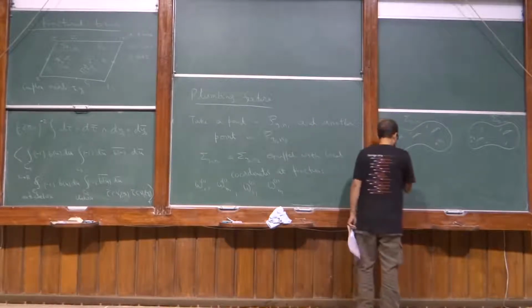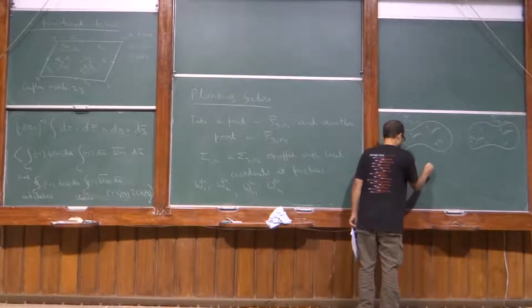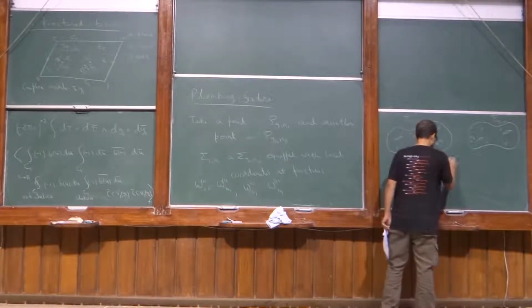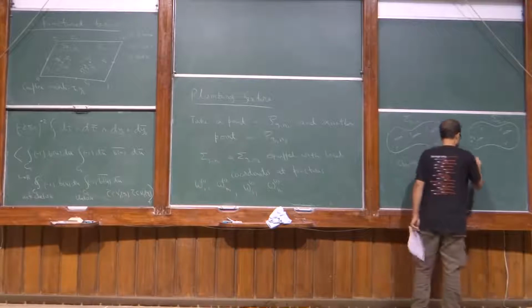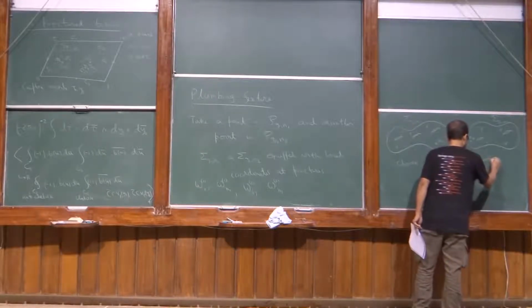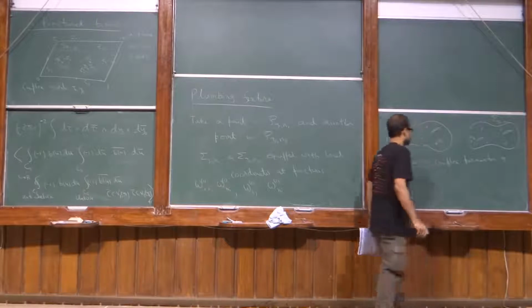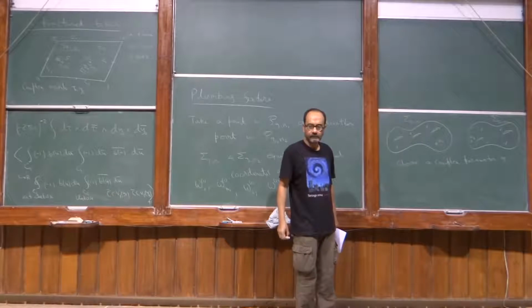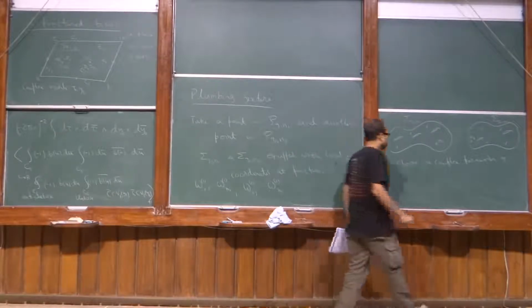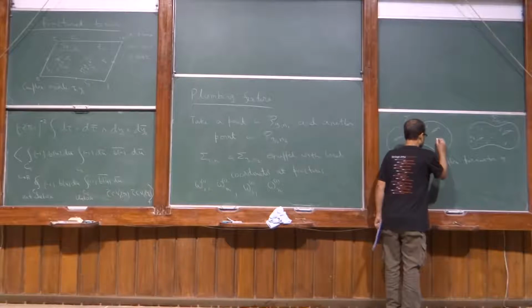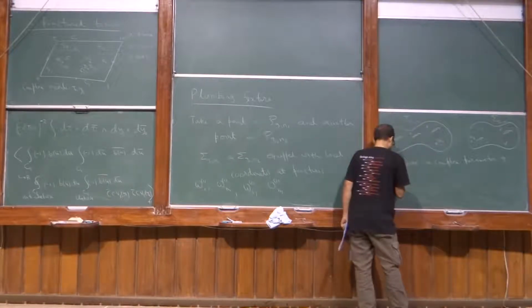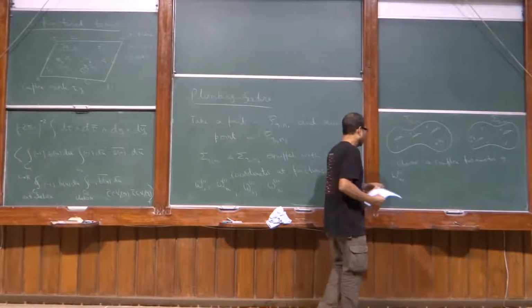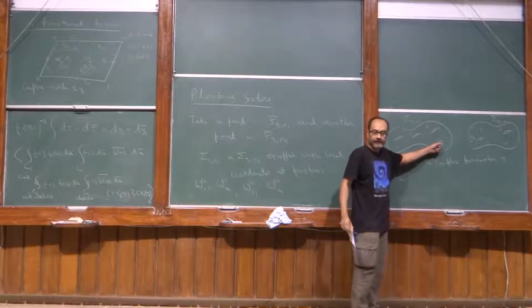And choose a complex parameter Q. Now, W1N1 is the local coordinate of this puncture.